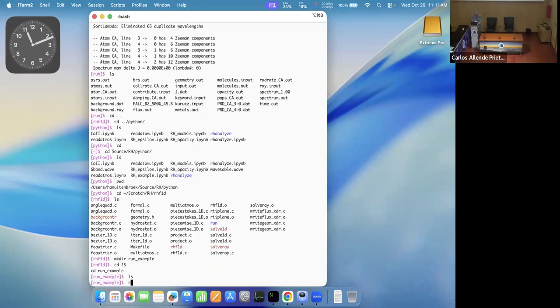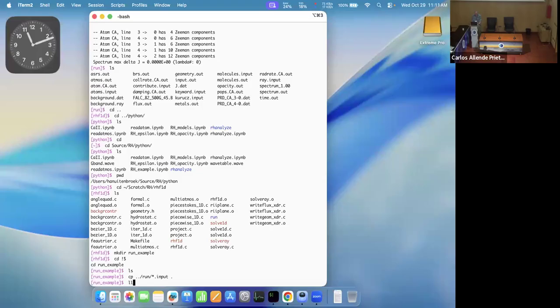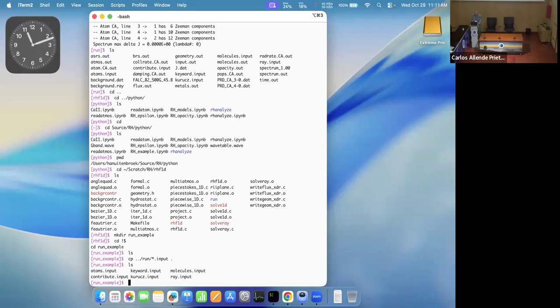It's empty, so copy the input files. So now we have the input files.